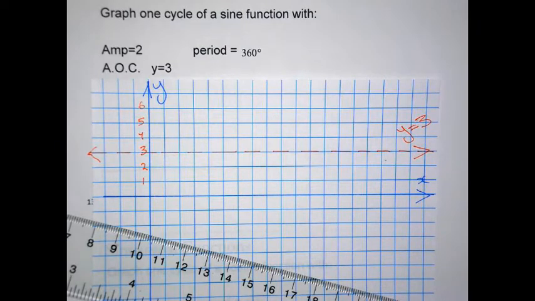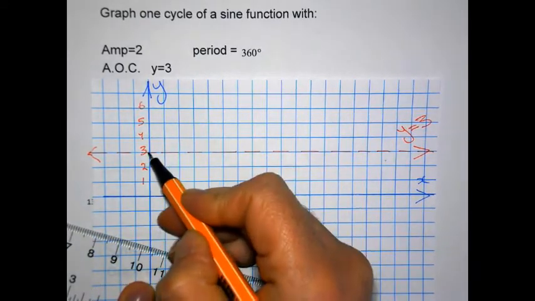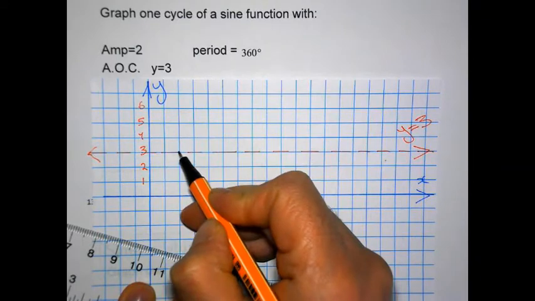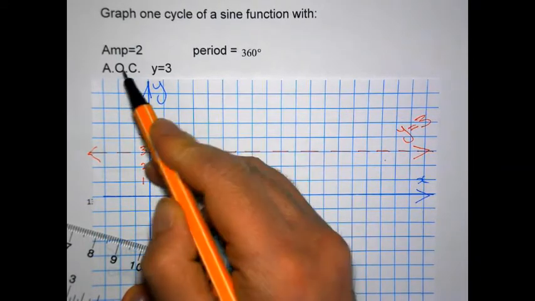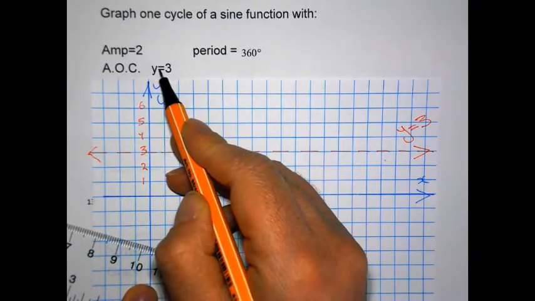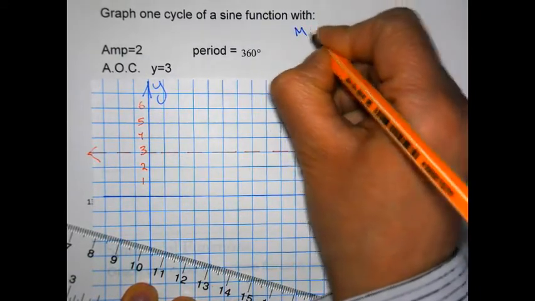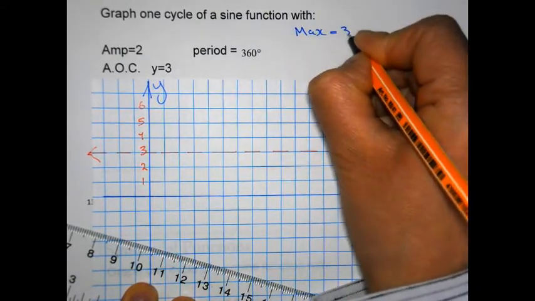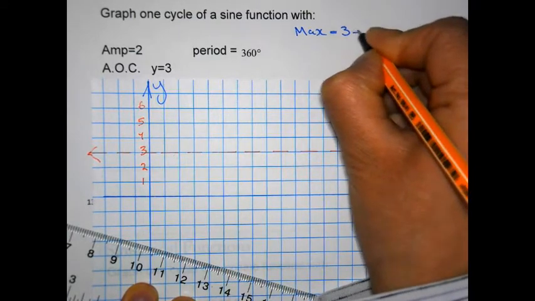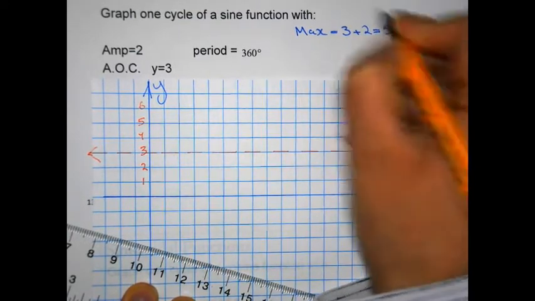Now we know that the amplitude is 2, means that the maximum is 2 above axis of curve and the minimum is 2 below. So if you think about it, your max will be whatever is your axis of curve plus the amplitude, which is 5.